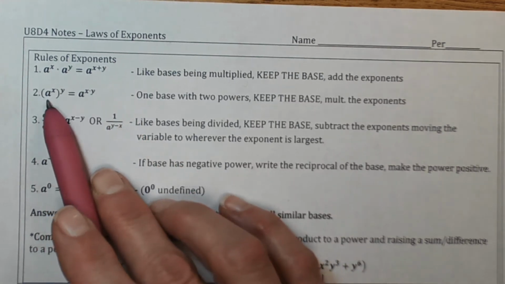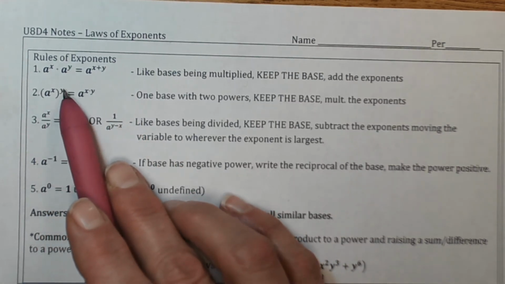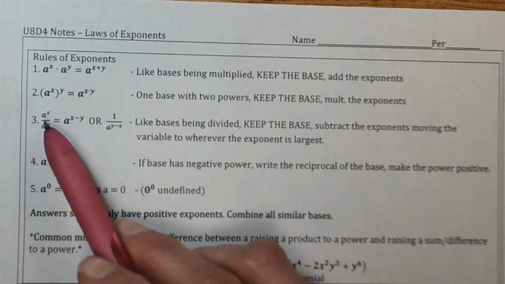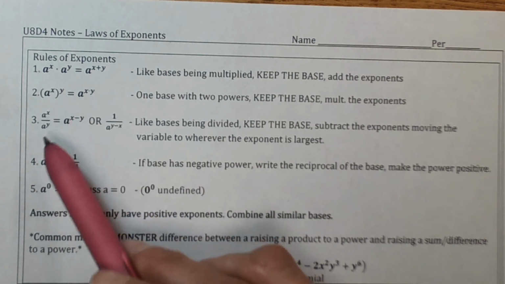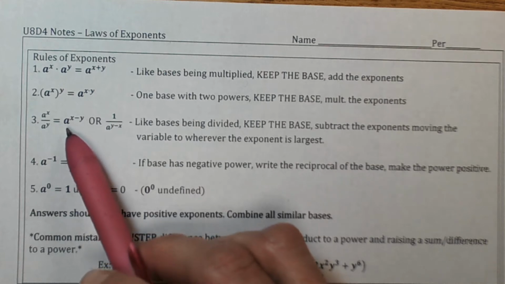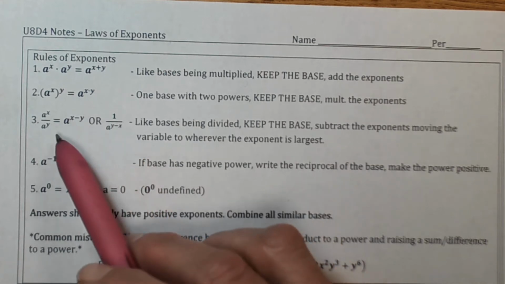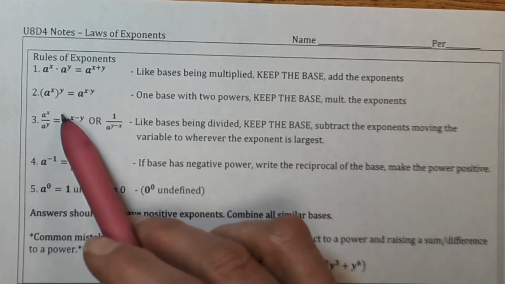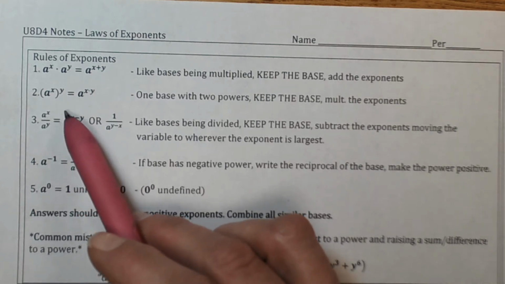When you have a power raised to another power, this is where we keep the base and we multiply the powers. And whenever you are dividing with exponents, the way I like to think about it is you have these two cases. Wherever the exponent is largest, that's where the variable is going to end up.